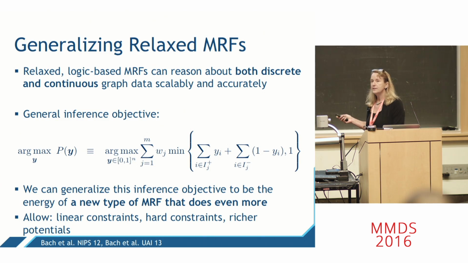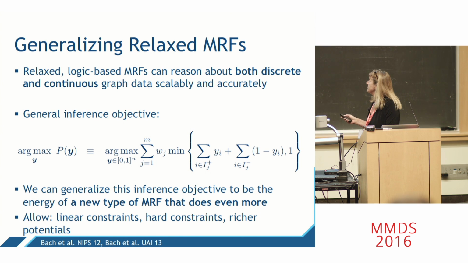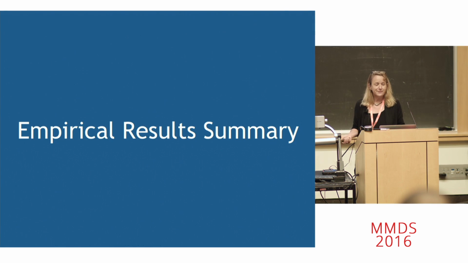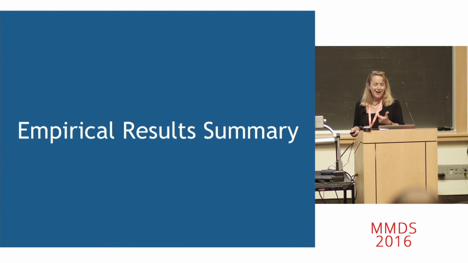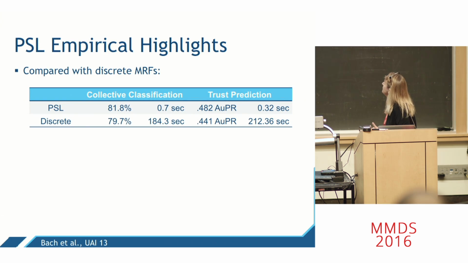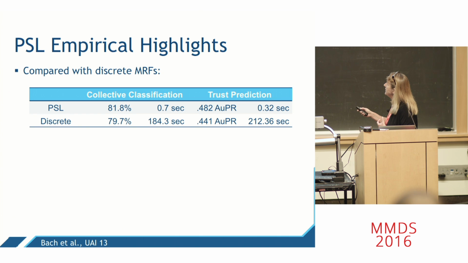Then we've extended this to allow for linear constraints, hard constraints, and so on in this form. And a question becomes, okay, well, does it work? This is all nice math. I'm going to very, very quickly show you some results. Here we're comparing a continuous HL-MRF with a discrete one.